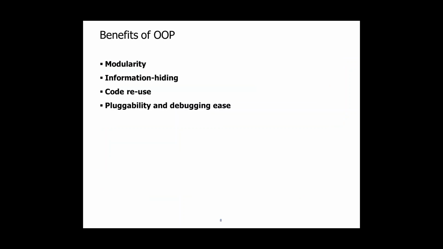All right, so the benefits of object-oriented programming concepts when you use OOPS in your application development: the applications are modular. When I say modular, it means that the applications are made of multiple modules, multiple components, and if you want to change any component, any module, you can simply remove that module and plug in the new module.